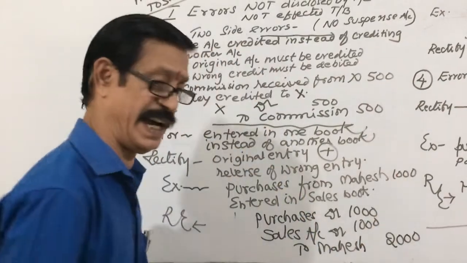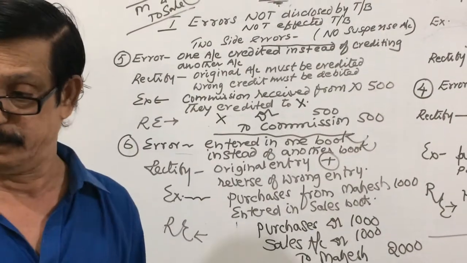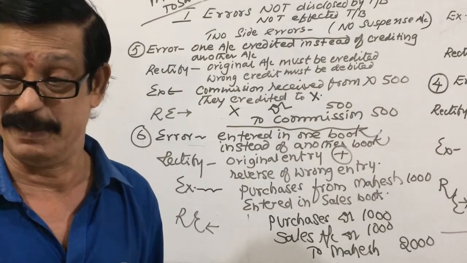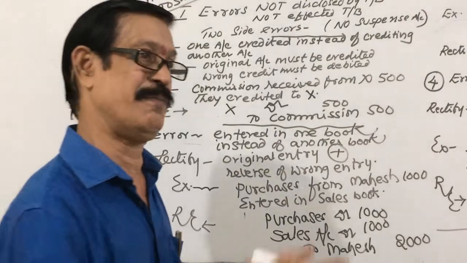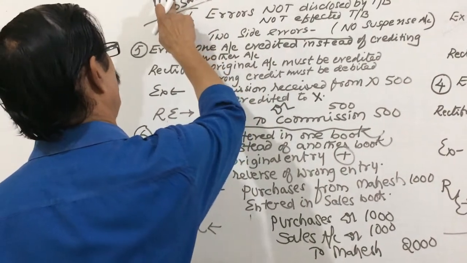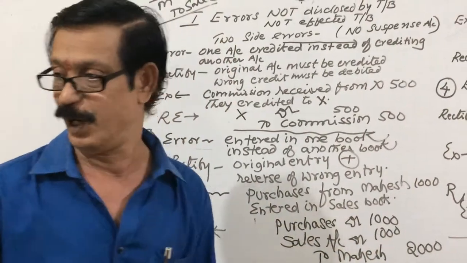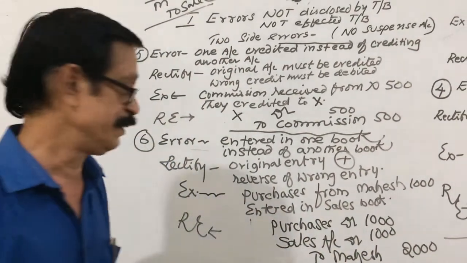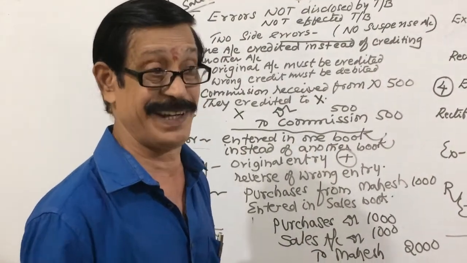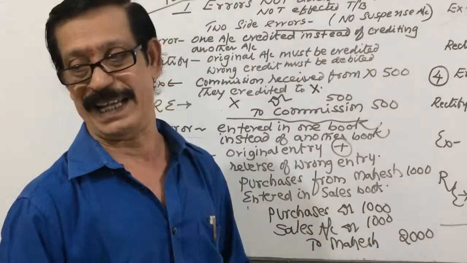Why is double amount required? When we pass purchases account debit to Mahesh, Mahesh must be credited. But when they passed the wrong entry, Mahesh account debit, they debited. That must be cancelled. So Mahesh account originally be credited, and what they debited, that must be credited again. So Mahesh account is credited with double amount. Following or not? Sales account debit, purchases account debit to Mahesh account.